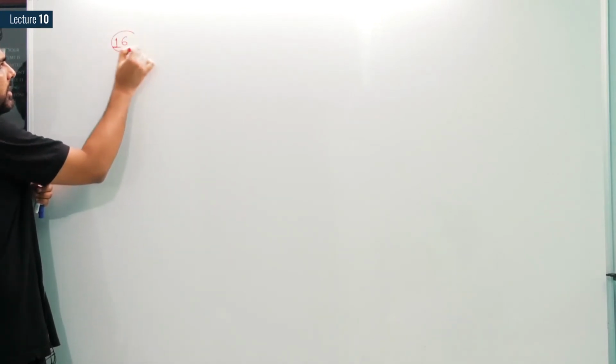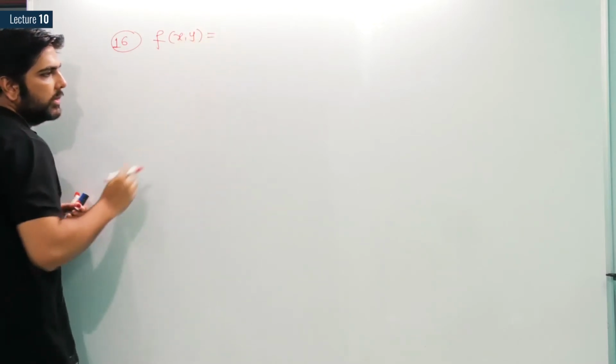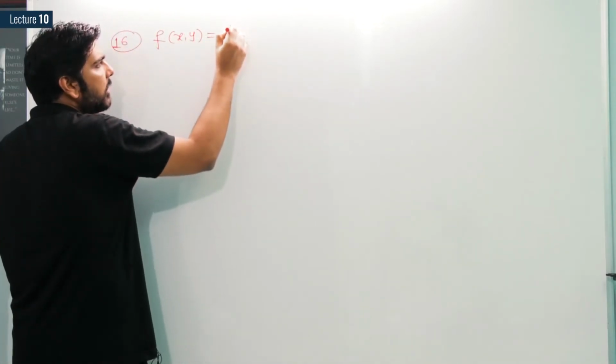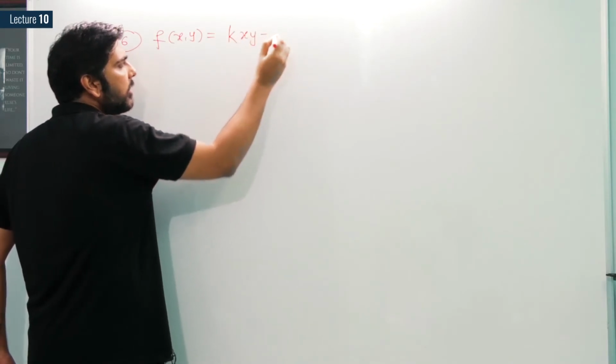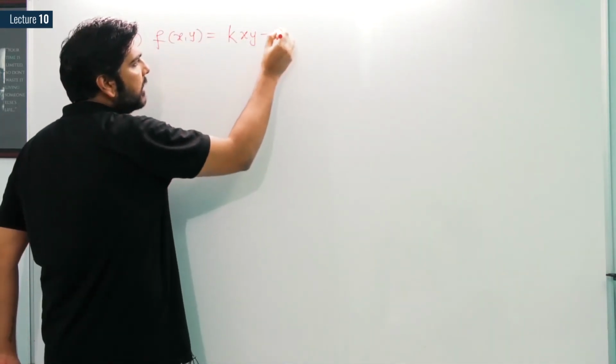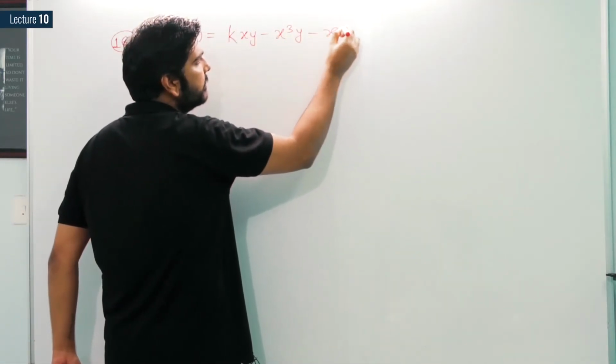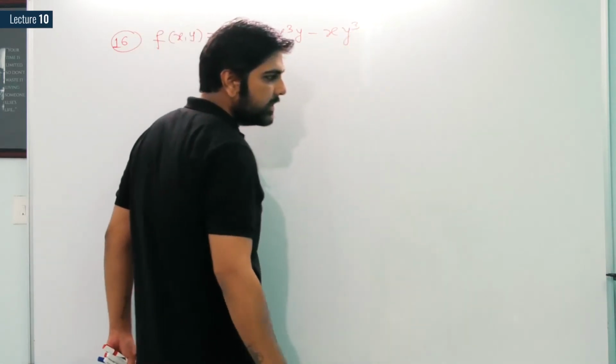Question number 16, I am writing the function f(x,y) is equal to kxy minus x cube y minus xy cube, where k is a real constant.